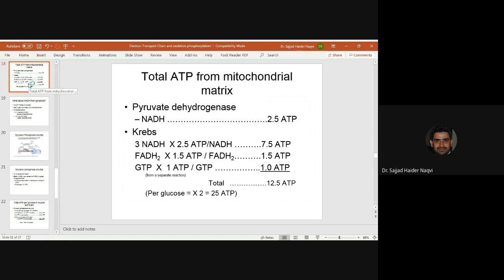Why? Because this calculation shown here is with one molecule of pyruvate, and a glucose molecule gives you two pyruvates. One pyruvate gives you 12.5, so two pyruvates will give you 25. That's why we said that one molecule of glucose upon complete oxidation gives you 25 molecules of ATP.